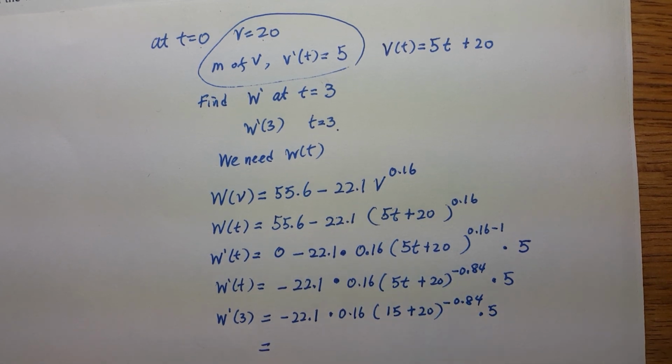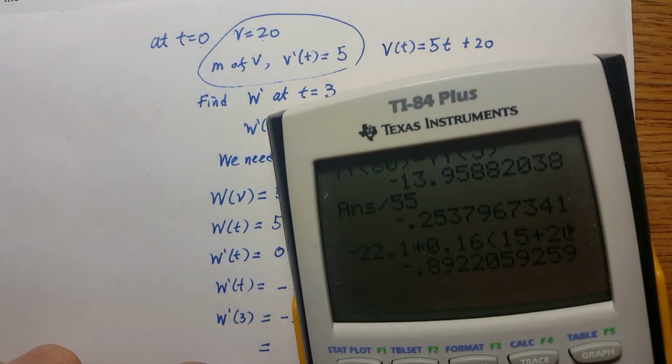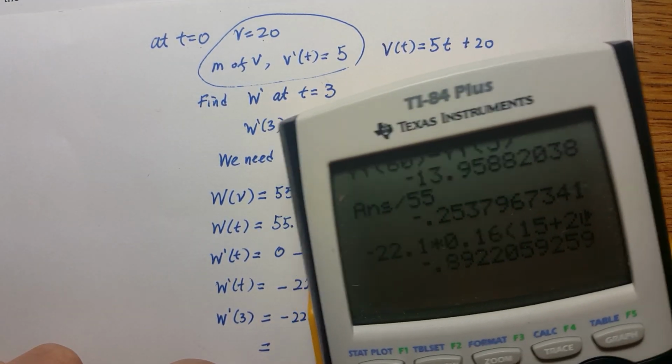Very last step, I'm going to type this into my calculator. So now I get negative 0.8922.